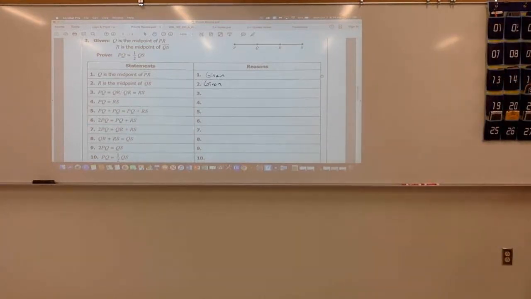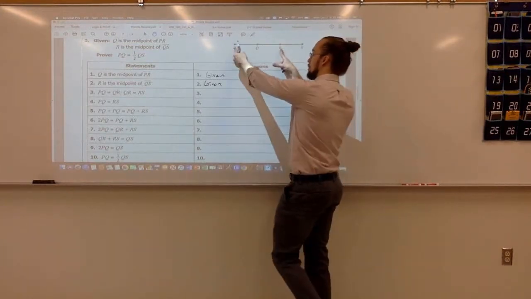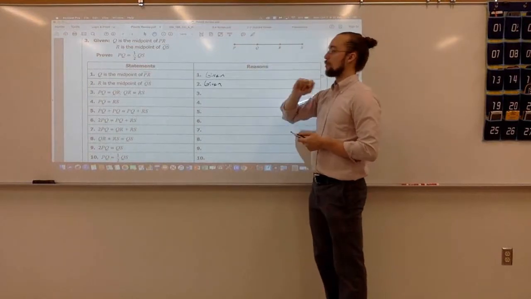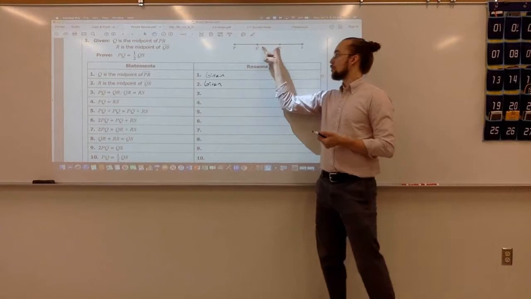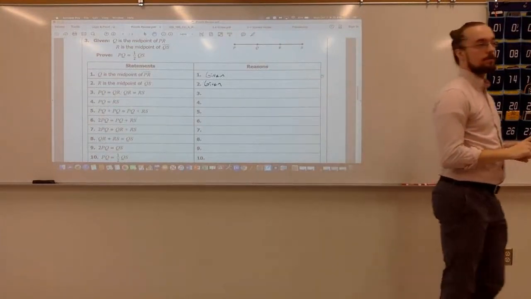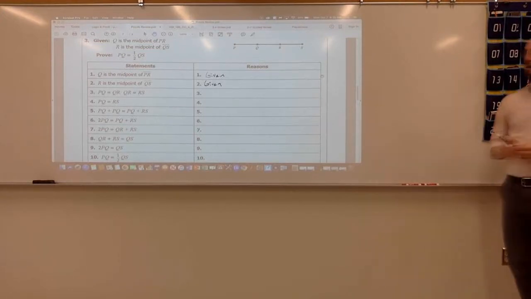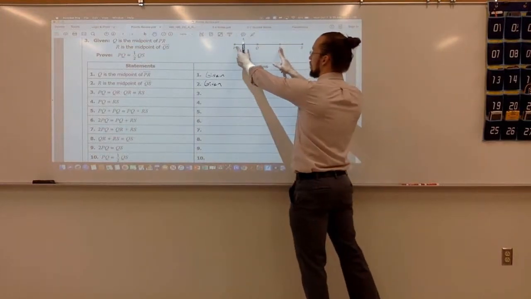Then they say, well, if Q is the midpoint of PR, then somehow they claim PQ equals QR. If Q is the midpoint, why am I allowed to say PQ equals QR? We're told that Q is the midpoint of PR.